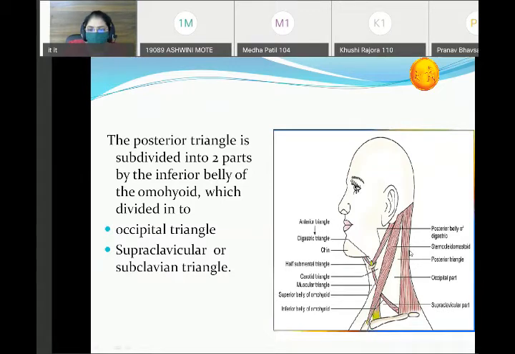The occipital triangle is so called because the occipital artery is present at its apex. And this is the supraclavicular or subclavian triangle. Supraclavicular because it is above the clavicle, and subclavian because the subclavian vessels are the main content of this triangle.